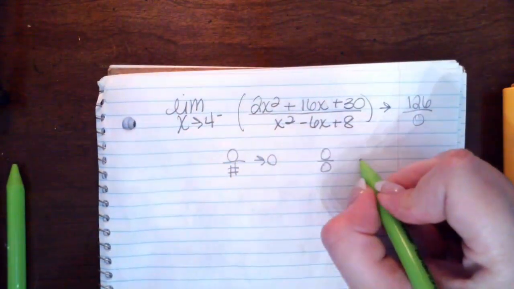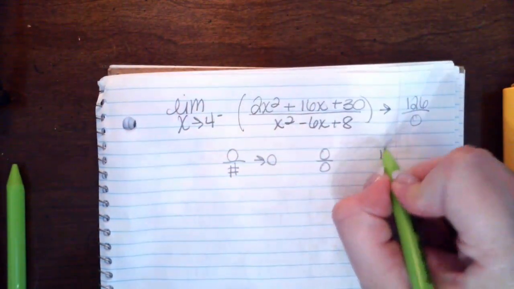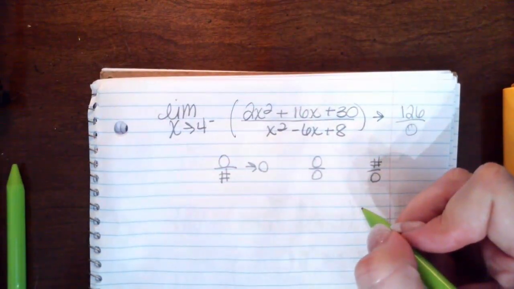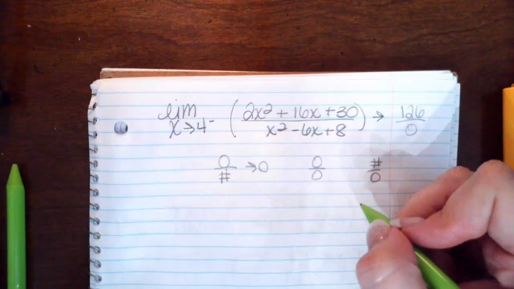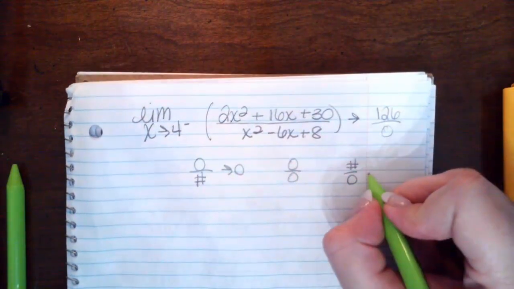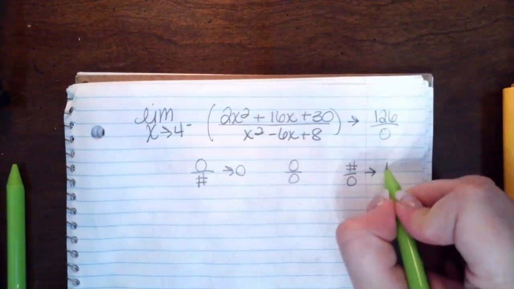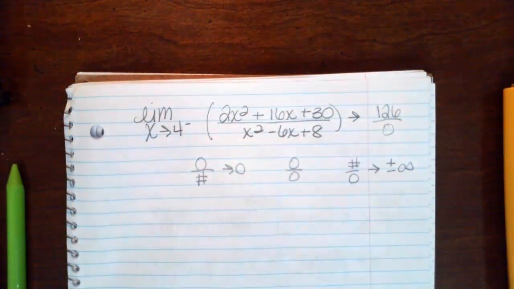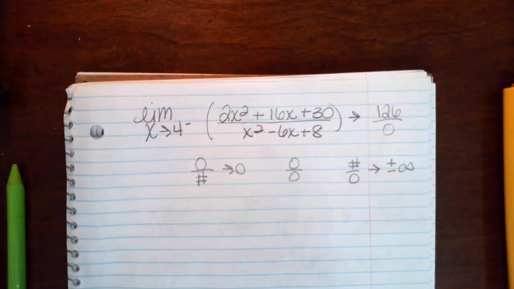This is the first time that we've seen a number over 0, at least in this module. So my answer is either positive infinity or it's negative infinity. I've just got to figure out which one it is.